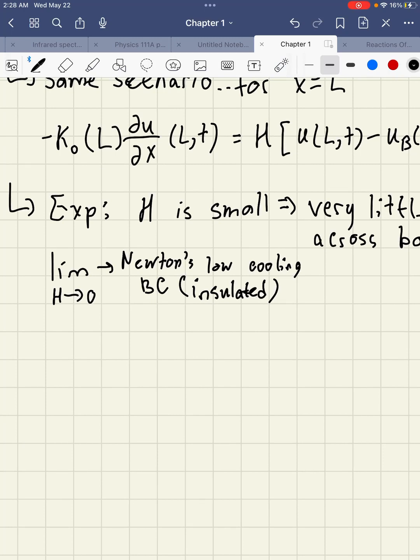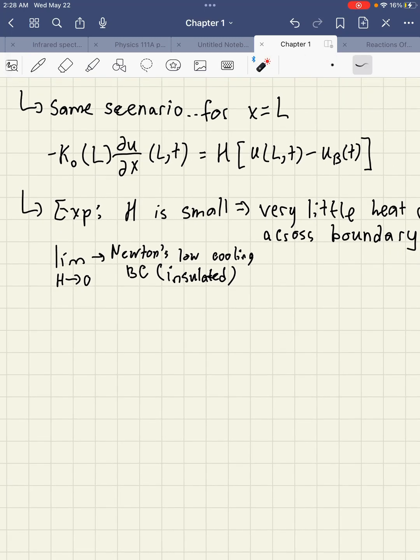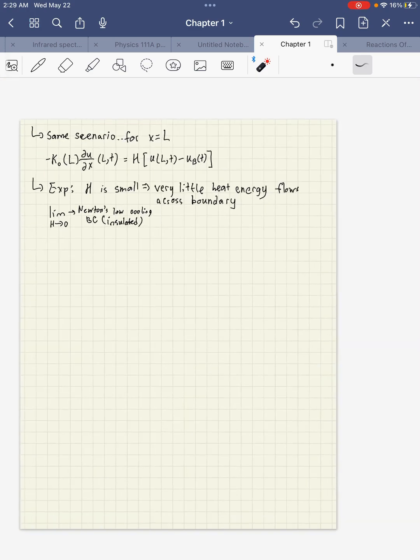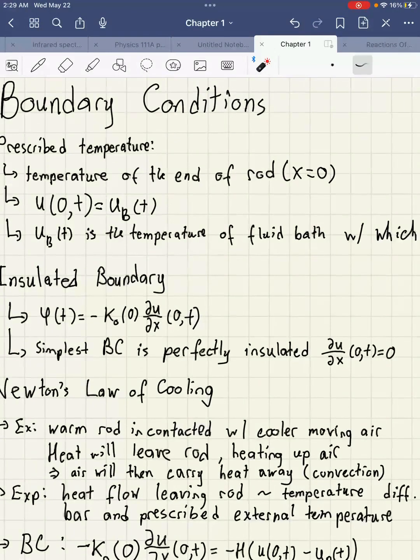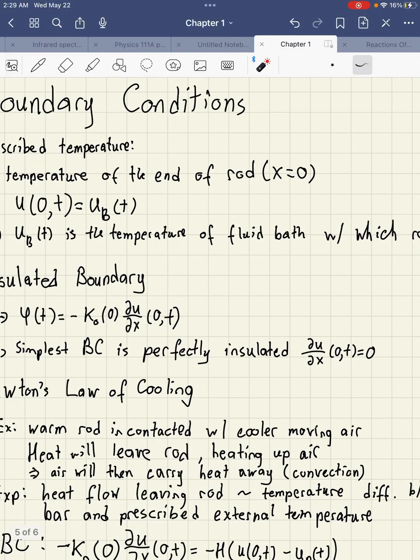Why? Because if my H is 0, this entire thing will become 0, and therefore this is left equal to 0. And if you remember, for the simplest boundary condition, the perfectly insulated is this, because there's no heat flow across that boundary.